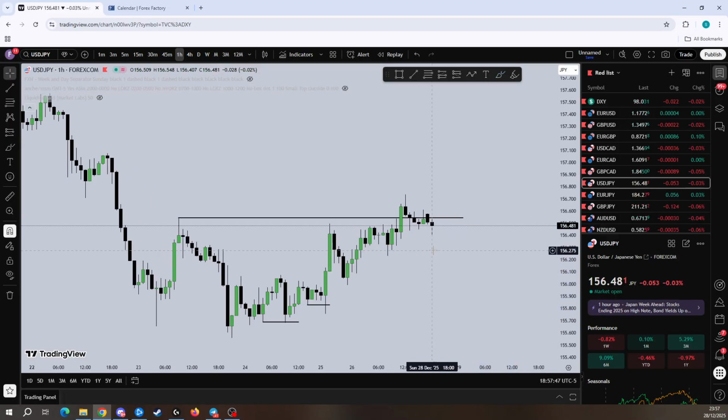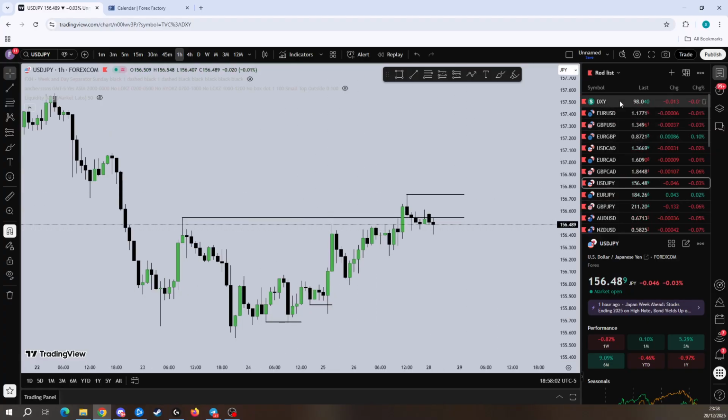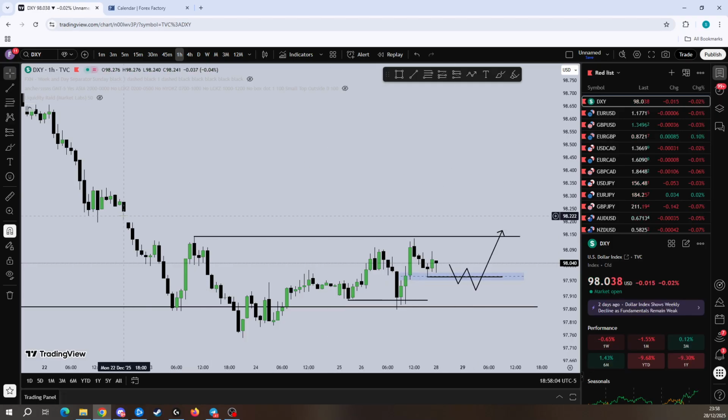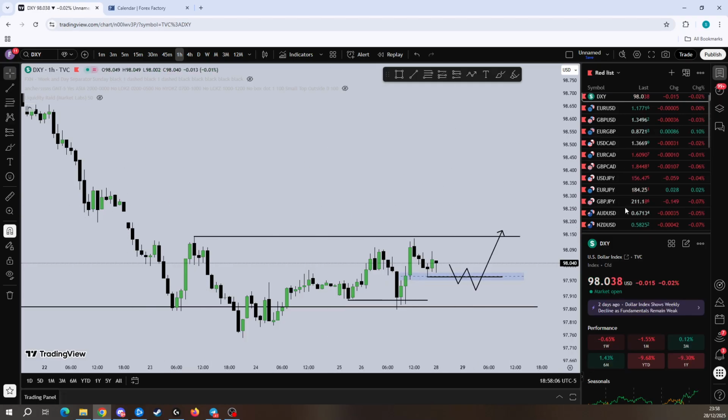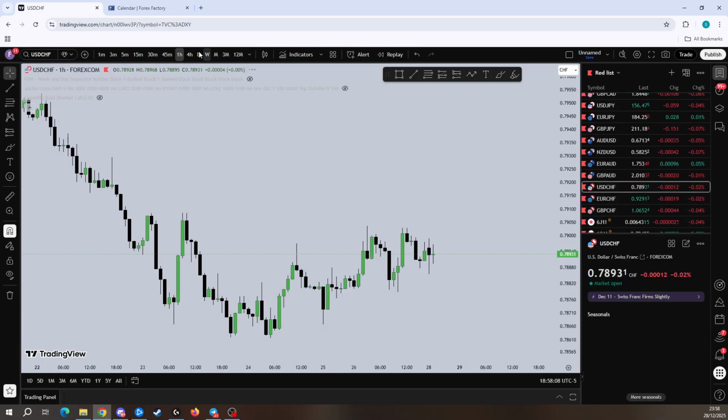To be honest, I probably prefer we take out this Friday high one more time and then see if we can get a sell off here. Price can just consolidate here. But yeah, I'm not really too interested in UJ unless DXY comes into this daily volume imbalance, then I'll look at UJ.